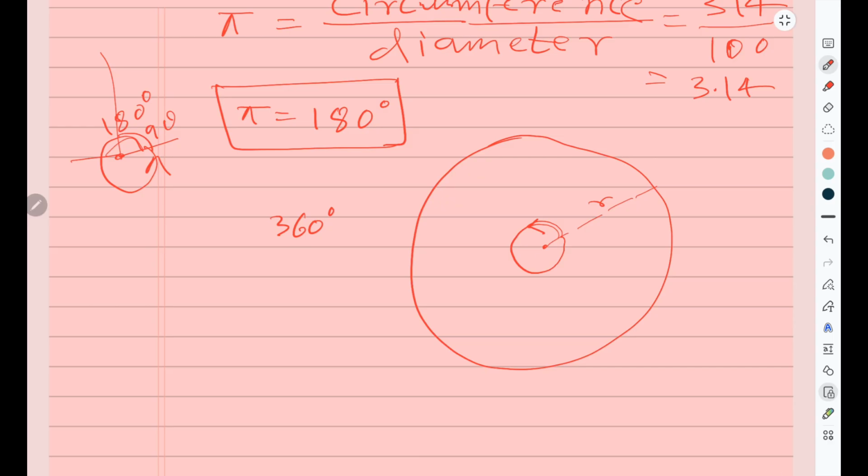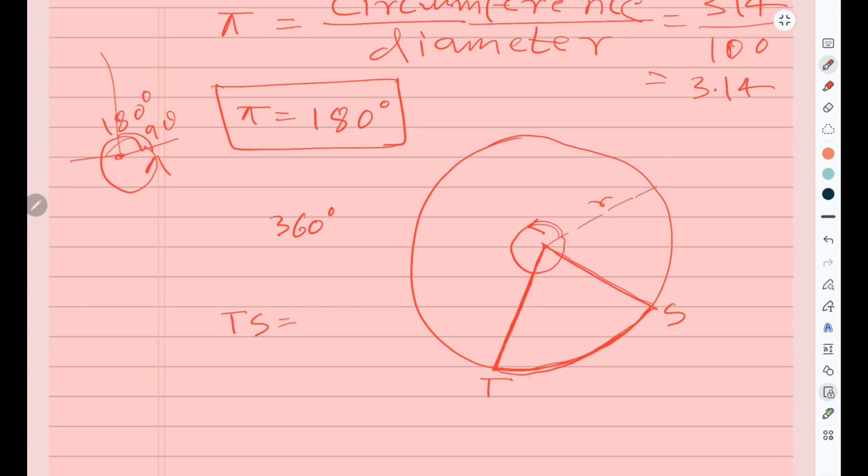Then we can always take a segment of this circle. For example, this is a segment of a circle, and let it be ts.